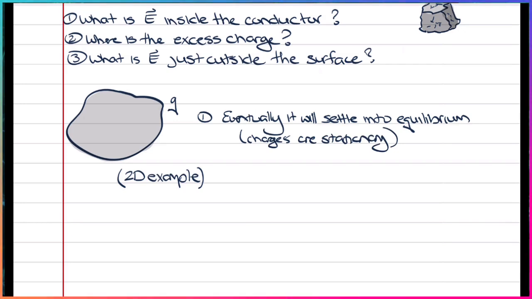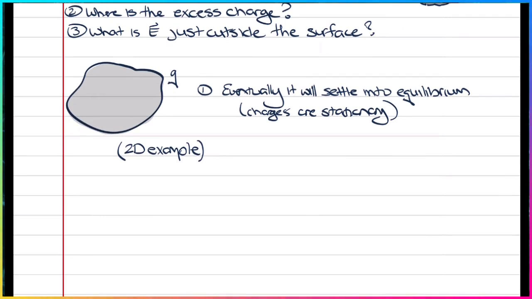If that were not the case, that would be perpetual current, right? You'd have charges moving around indefinitely. That does not happen. It's not a semiconductor. So eventually the charges will settle into equilibrium, which means the charges, wherever they are, are not moving.